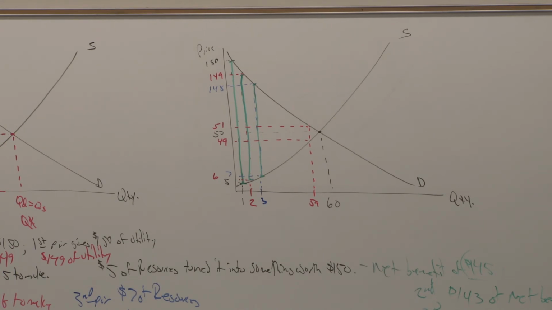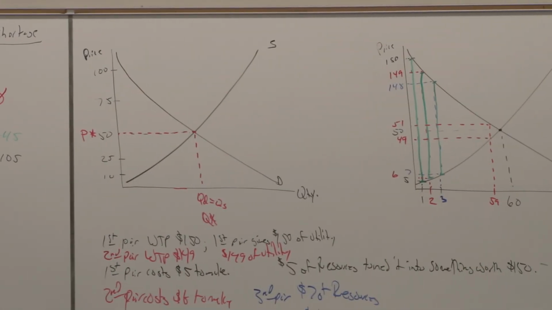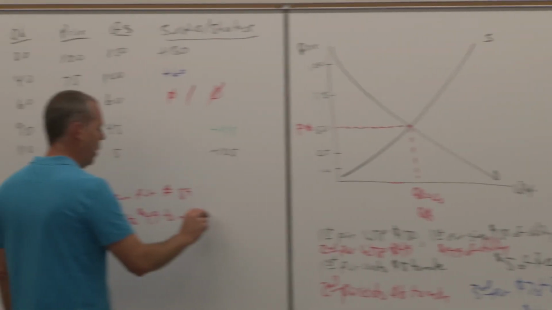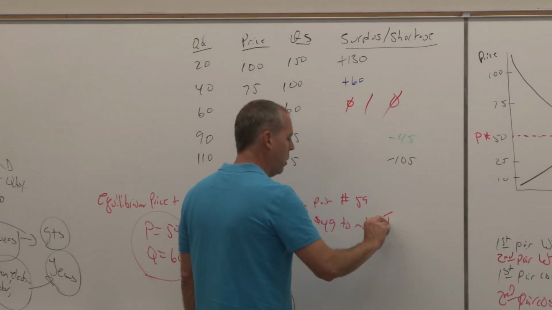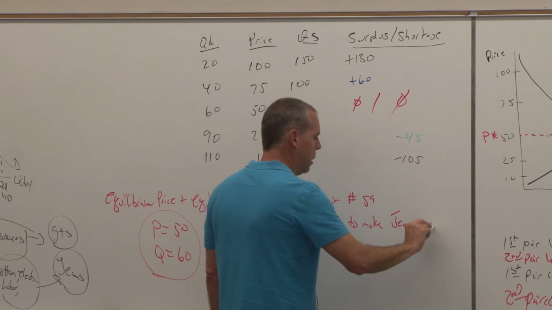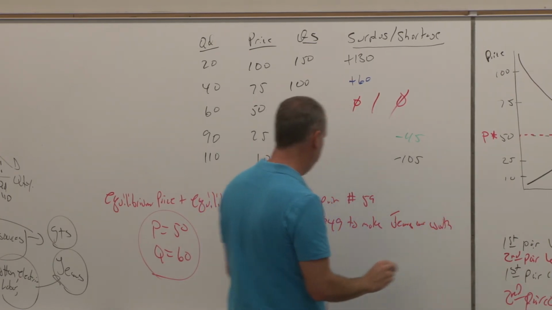We're taking $49 worth of resources here with gene pair number 59, and we're going to rearrange them into something that's worth $51.